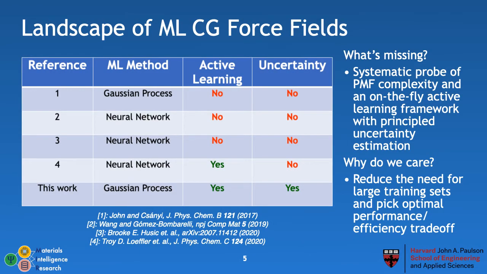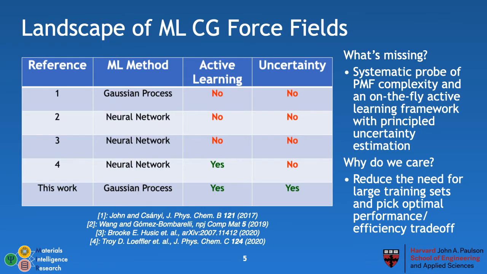A great deal of progress has been made in designing machine learning potentials for coarse-grained applications in recent years. A majority of these approaches have been with neural network potentials, with little emphasis placed on the appealing properties of Bayesian methods. For one, a Bayesian framework allows us to directly probe the complexity of the coarse-grained potential without the need for large training sets or held-out test sets.